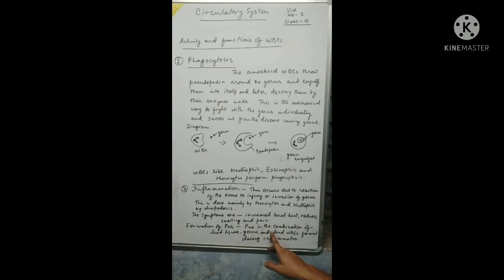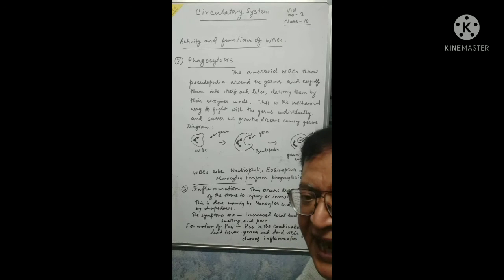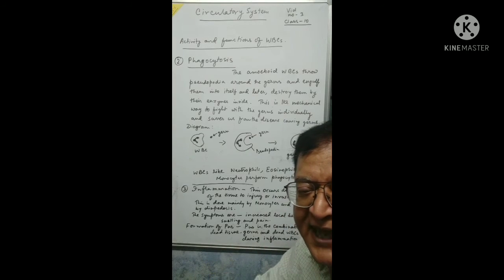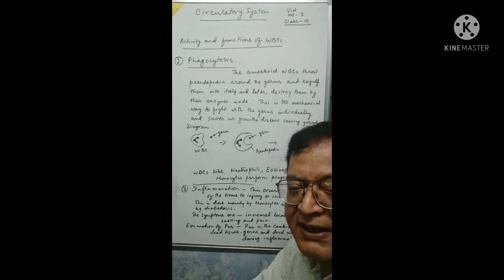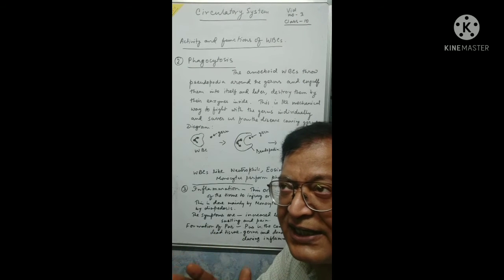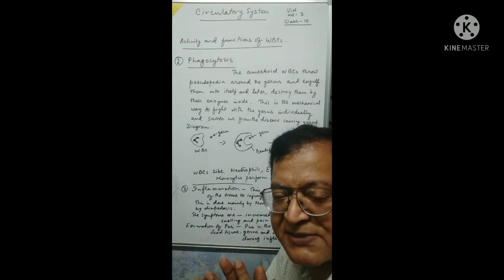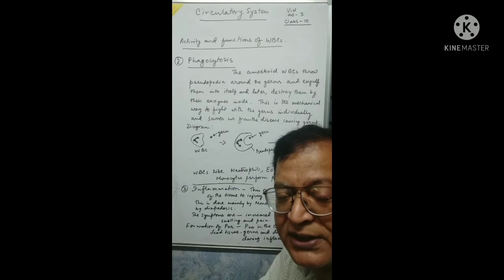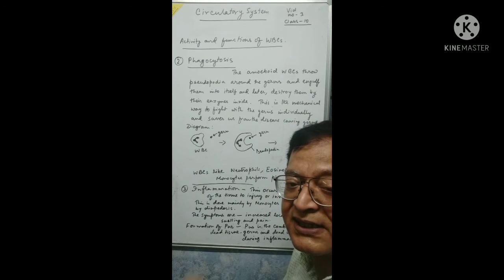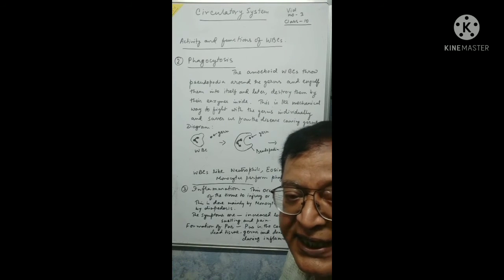Pus is the combination of dead tissue, germs, dead germs, and dead WBCs formed during inflammation. When that is healing up, at that time pus comes out. It is a slightly yellowish white color substance, and it comes out of that particular inflamed spot, and that means the particular inflammation is healing up.